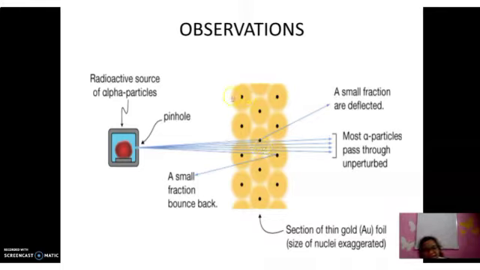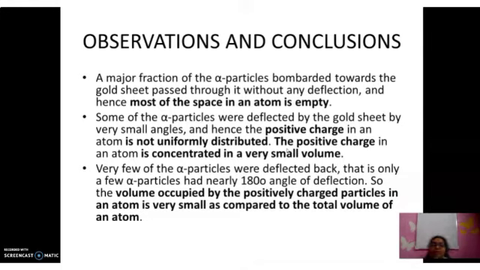Consider this as an atom, or this as an atom. You can see here most of the alpha particles moved without any deviation, passed through the empty space of an atom. So he concludes that most of the space in an atom is empty. This is the first postulate of Rutherford model.